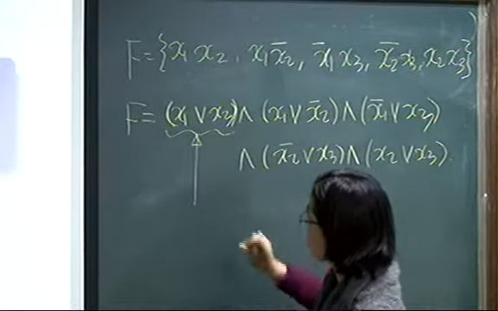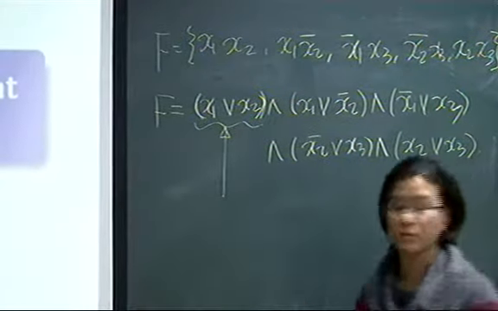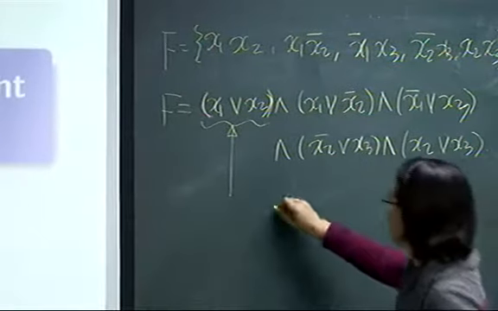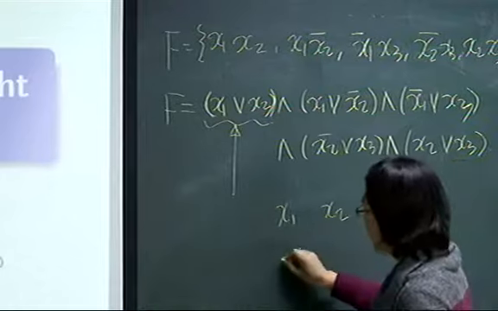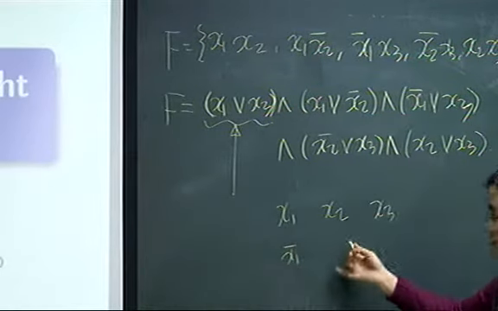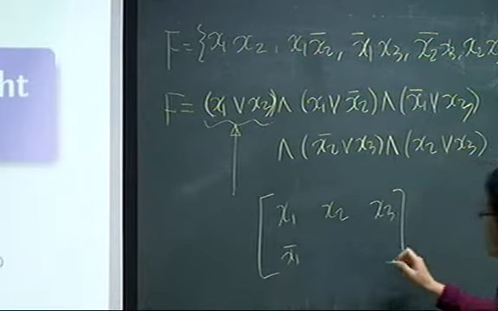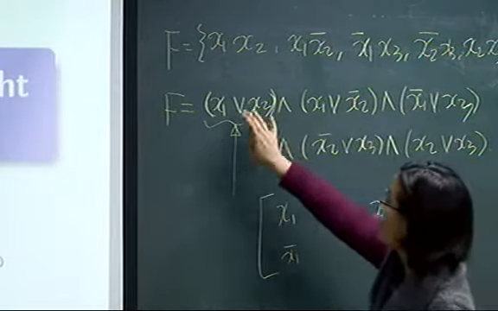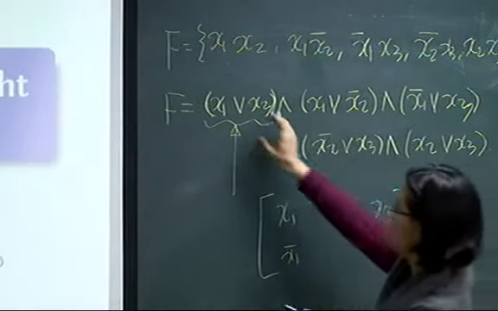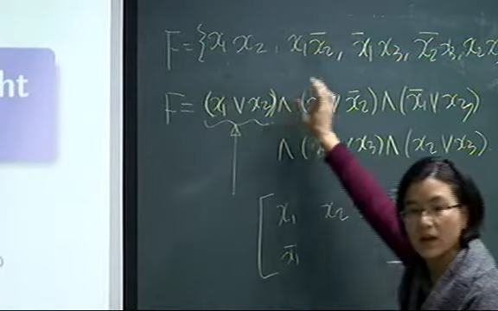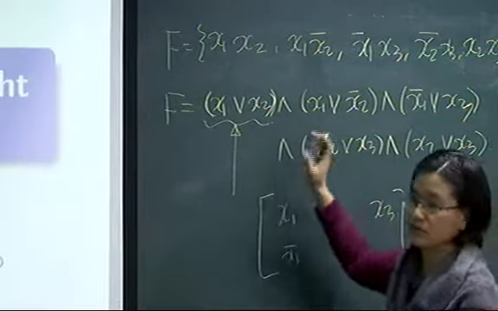A literal is either a negation or a positive form of a variable. Here we take three variables, x1, x2, x3, and we can have either x1 or x1 negation, x2, x2 negation, x3, x3 negation. They form literals for this formula. We take a disjunction of a set of literals, and they form a clause. And we take the conjunction of the clauses.